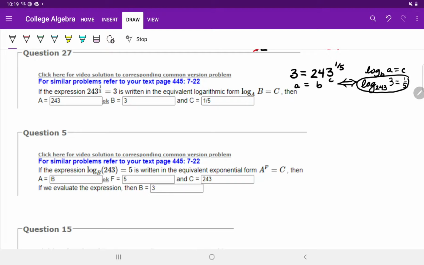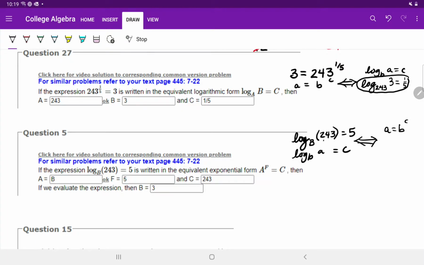Question 5 is asking us to do something similar but in sort of the reverse direction. So we're starting with log base b, capital B, of 243 equals 5. Well, this is our log base b of a equals c. And if we wanted to convert this into an exponential, it would convert into a equals b to the c.